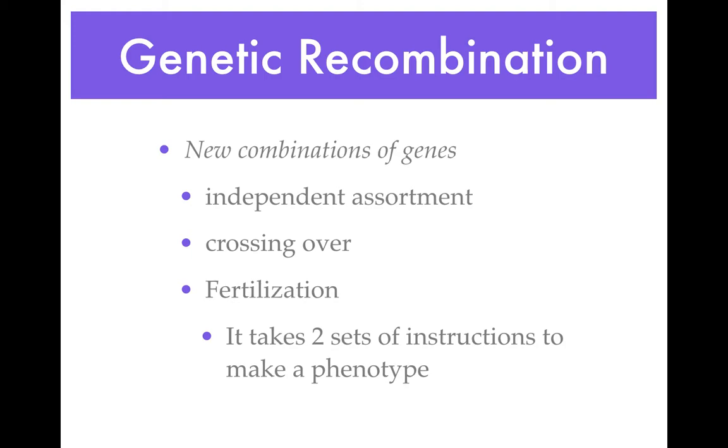On top of that, that gamete from one member of the species can fertilize any other gamete from another member of the opposite sex, because it takes two sets of instructions to make a phenotype. You have to have two sets of those instructions to make a protein, and those proteins will lead to phenotypes.